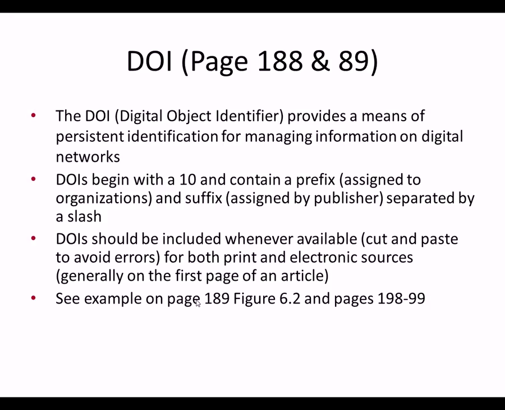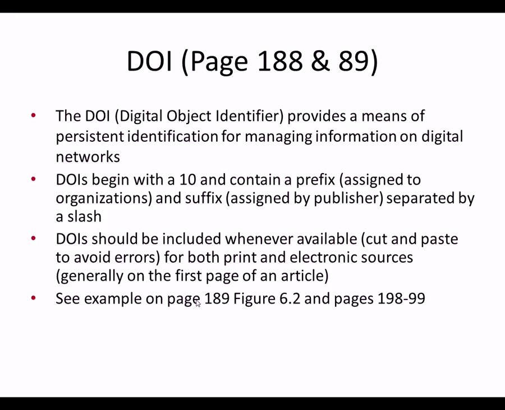If you look down at the bottom of page 189, it gives you an example in figure 6.2. You can see here is a journal from Experimental Psychology. It tells you the volume and everything. And then if you go over here, it's copyrighted 2008 by the American Psychological Association. And then you can see there is a DOI number.